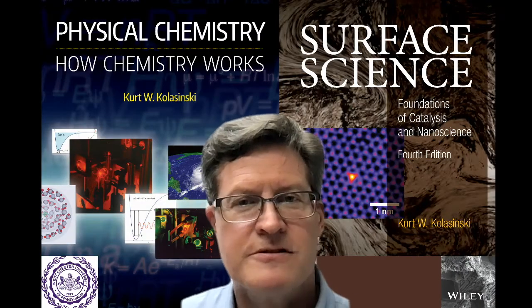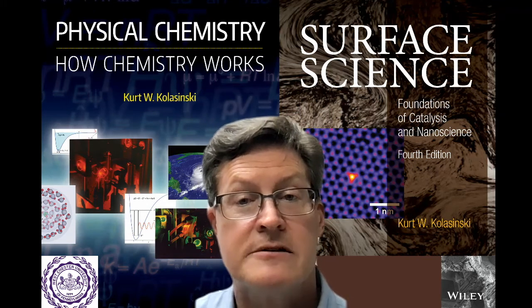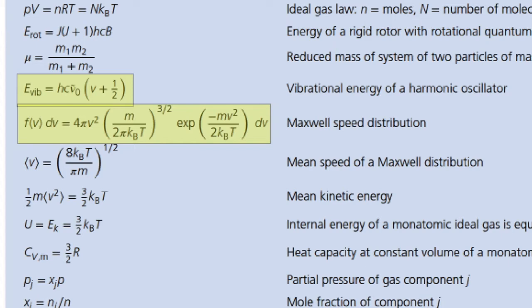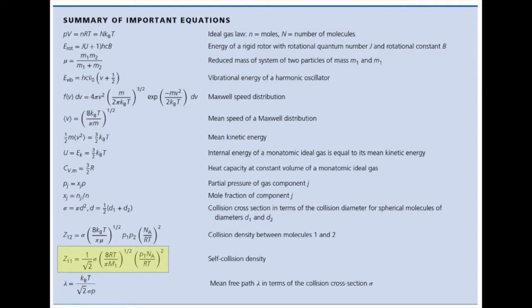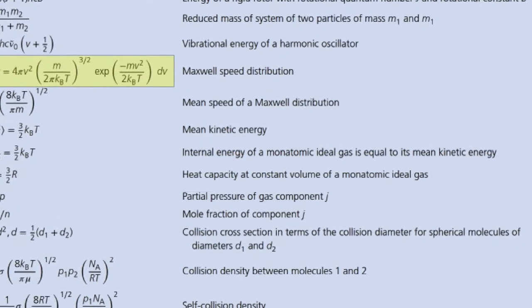And just like words can have multiple meanings, mathematical variables can have multiple meanings that depend on context. Thus, in the equations above, v can mean either the vibrational quantum number or the velocity. And uppercase M is the molar mass, while lowercase m is the mass of an individual molecule.